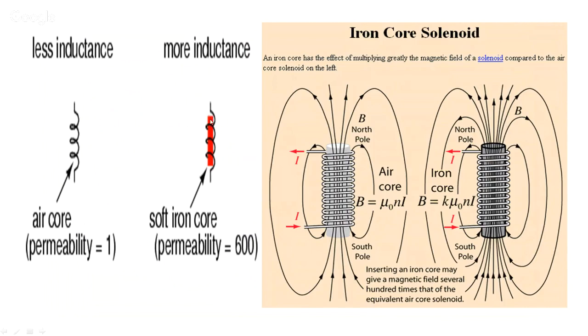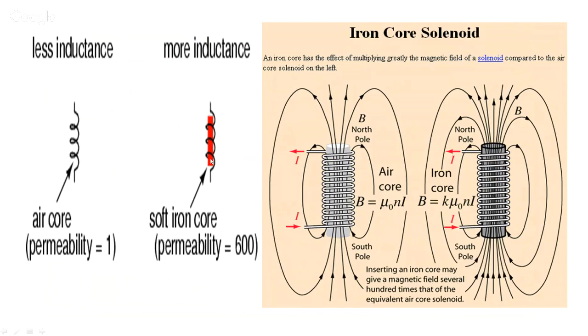Now, suppose in the coil we introduce a soft iron core. That means you wind the coil on a soft iron core. Then we get more inductance, and the permeability is greatly increased, for example to 600.